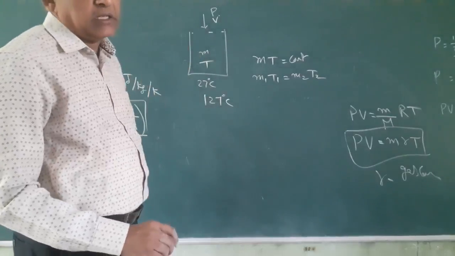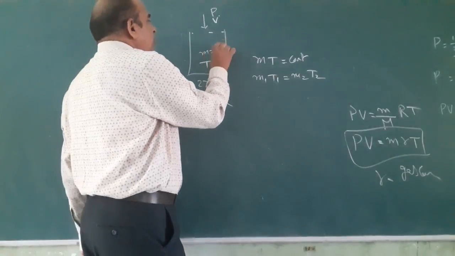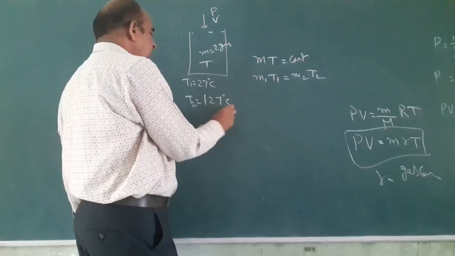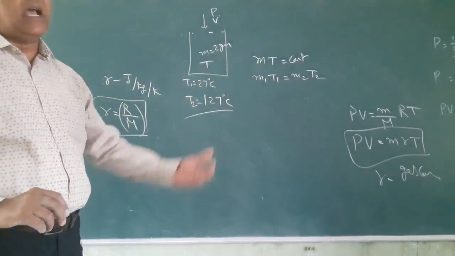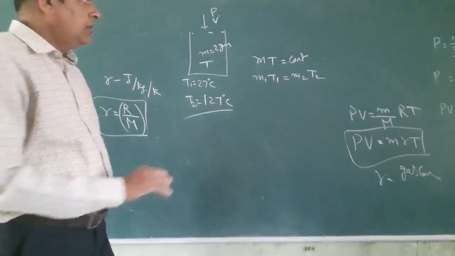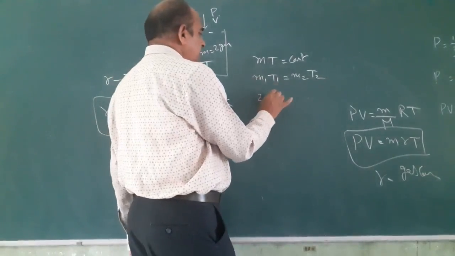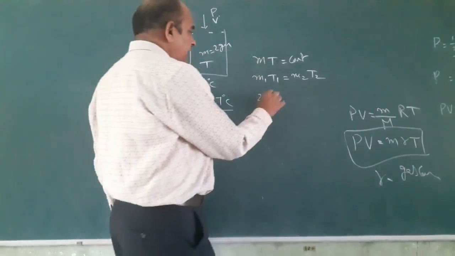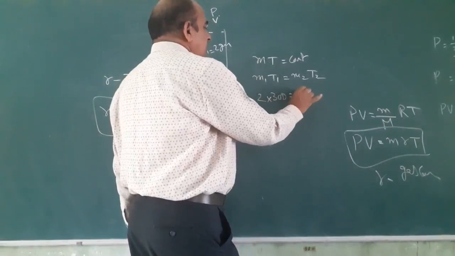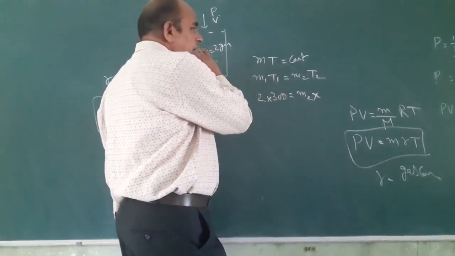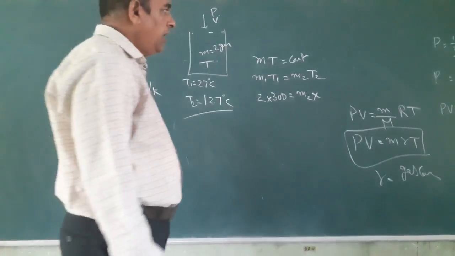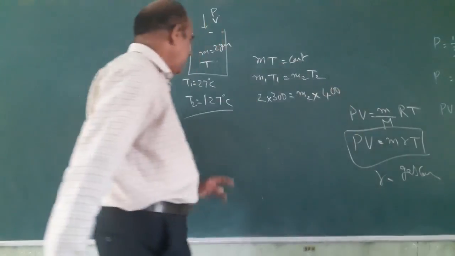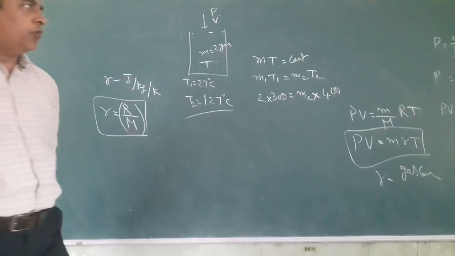What is the initial mass? Initial mass of gas given is 2 grams. Temperature is 27, and the temperature is increased to 127. Find the mass of gas expelled. So initial mass 2, temperature T1 means 273 plus 27, 300, is equal to m2, the mass of the remaining gas in the vessel, into T2. 127 plus 273 is 400.